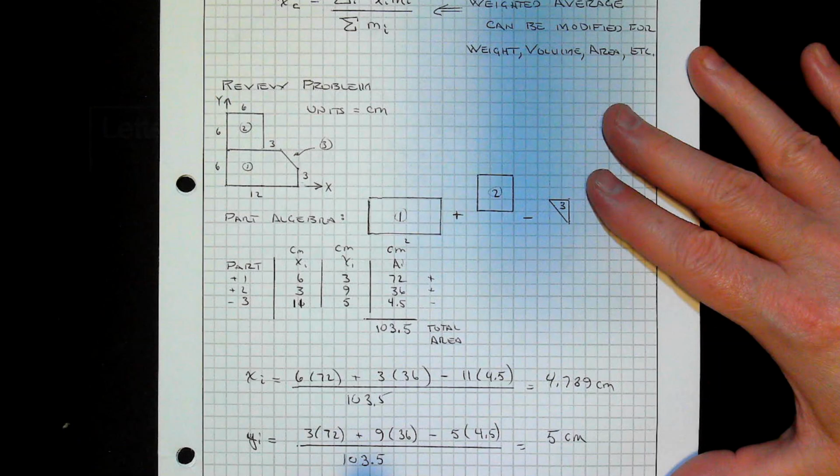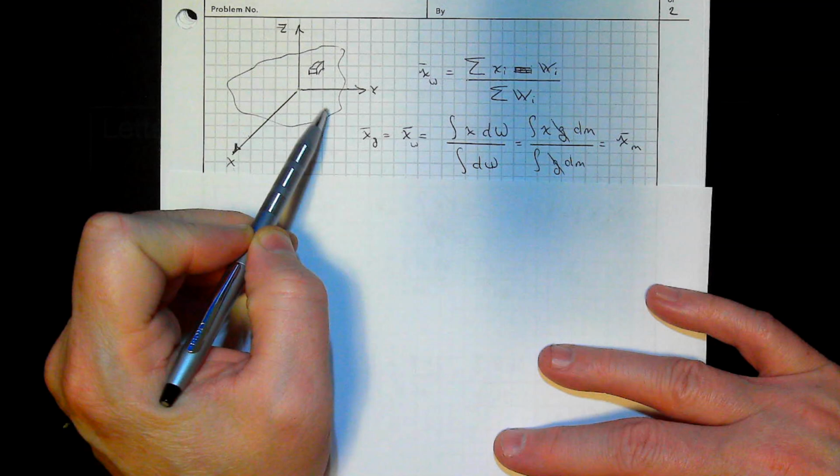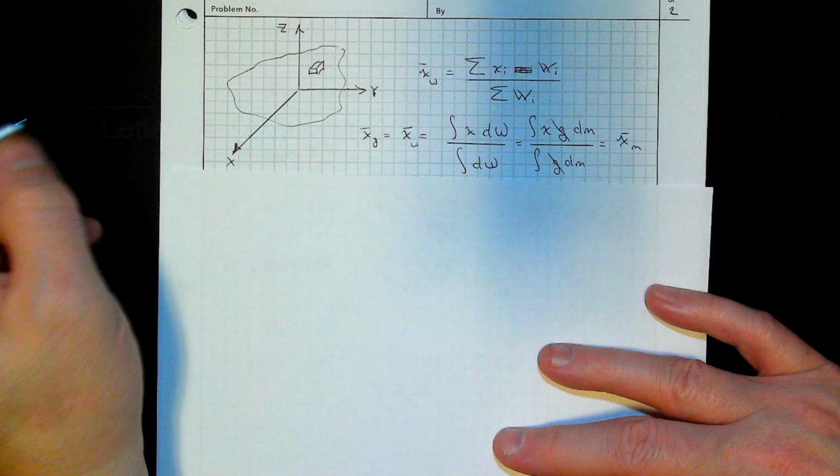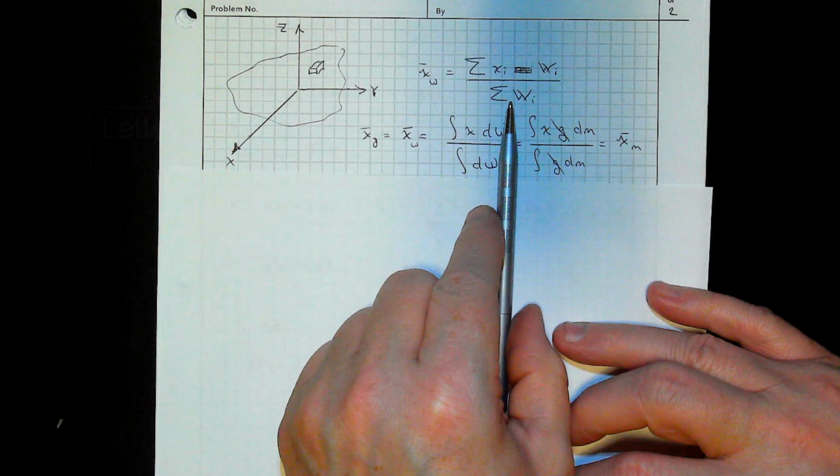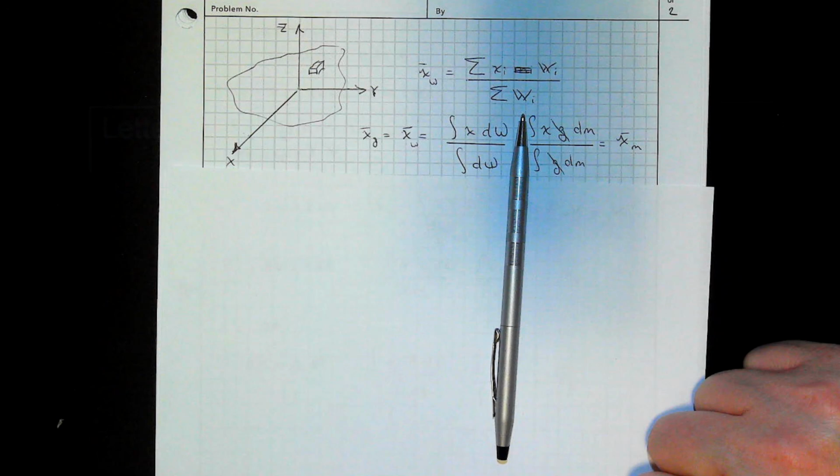But you could also have replaced mass with volume: volume 1, volume 2, volume 3. So you could have had the center relative to volume, x1 times v1, x2 times v2, and add them all up.